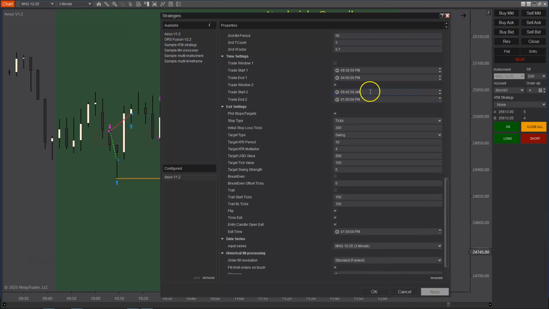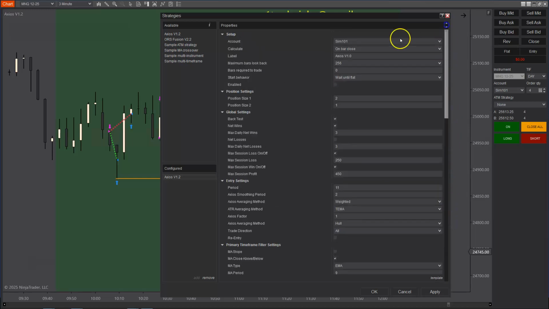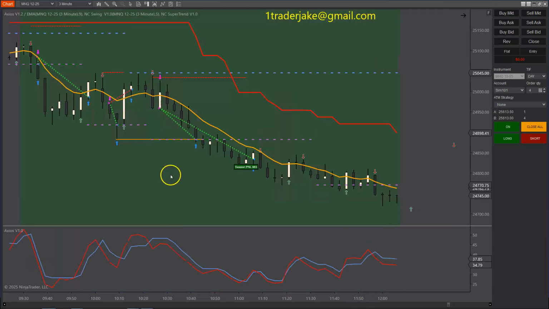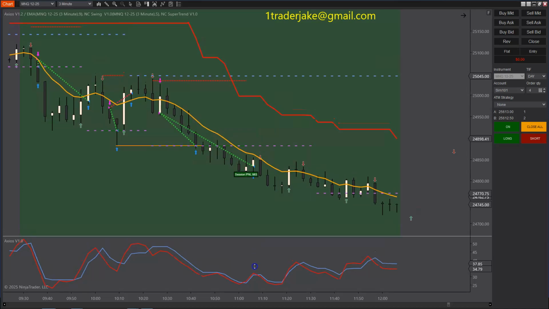This template starts trading at 9:45 a.m. Just for fun, let's see what happens if we start trading at 9:30, right at the open. So we're at 7,650 drawdown, I believe it was. No break even. So you can see right here, session P&L is reached right here. Nice, it's what you want to see.